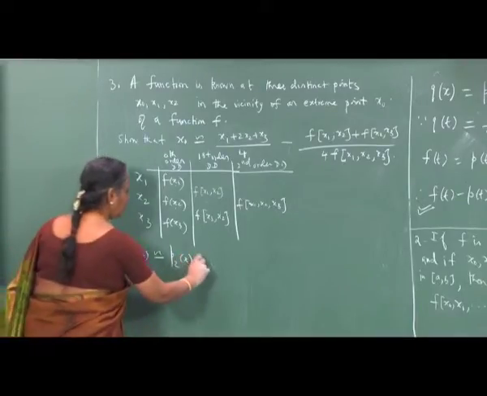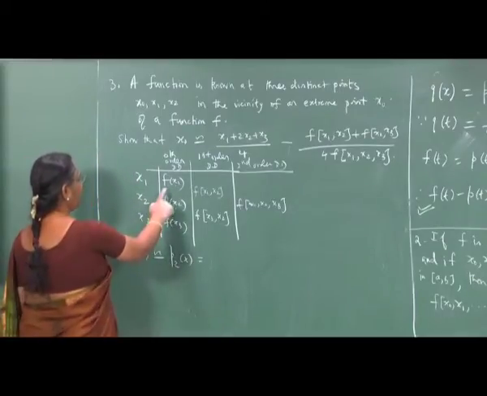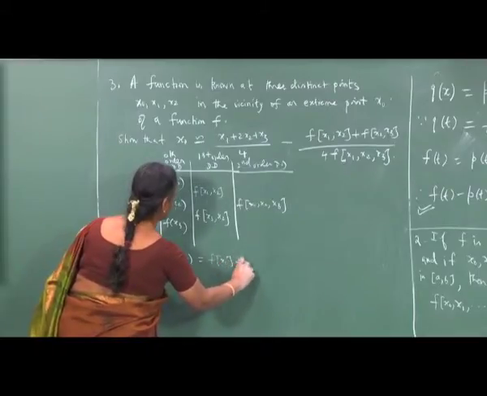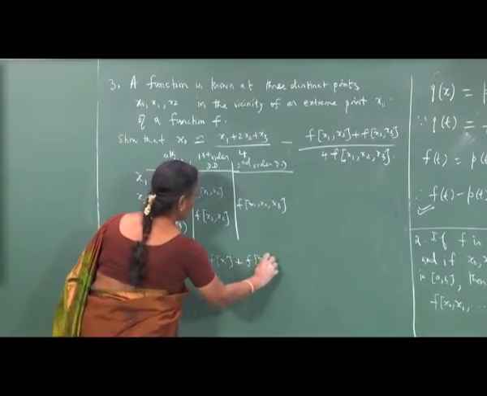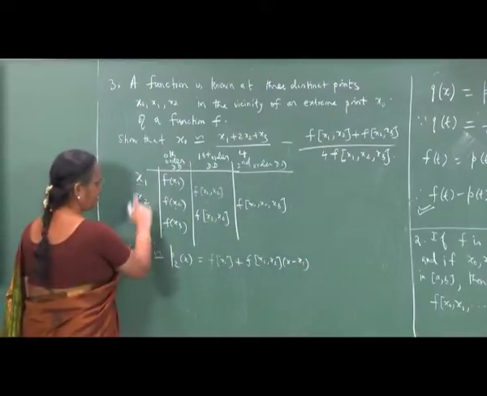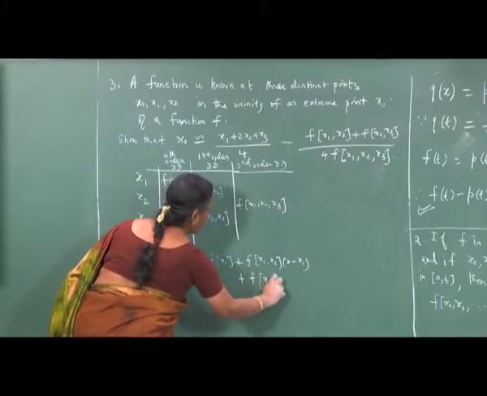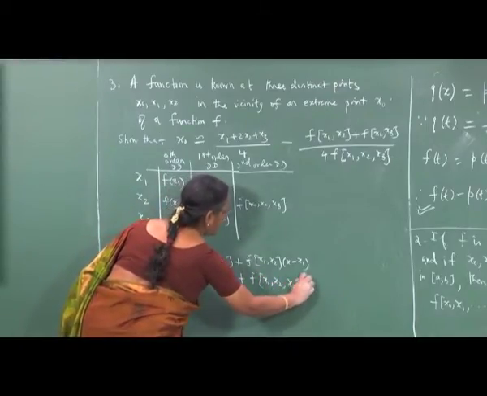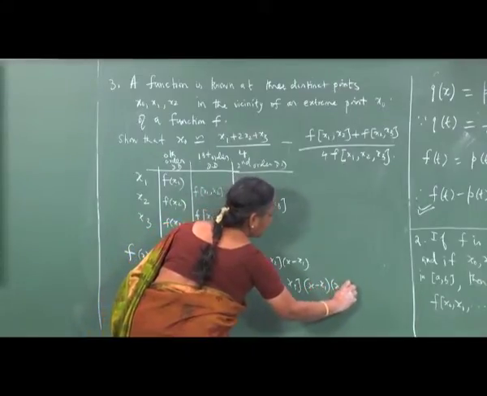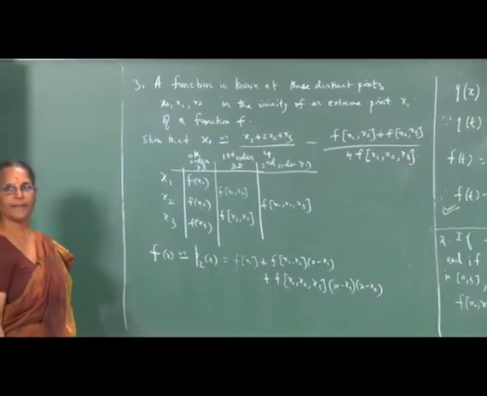And in terms of the divided difference interpolation polynomial, this will be f at x1 plus f of x1 x2 multiplied by x minus the first point, which is x1, plus f of x1 x2 x3 multiplied by the factor x minus x1 into x minus x2. That is the interpolating polynomial.